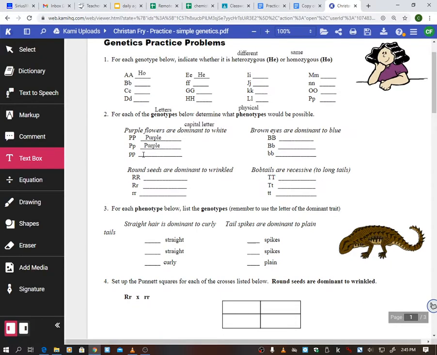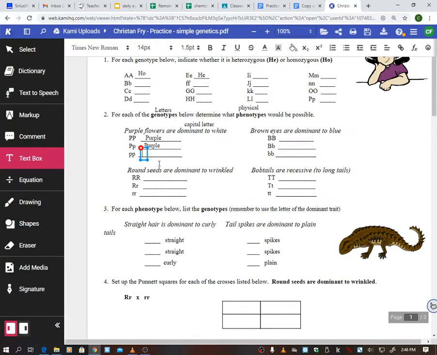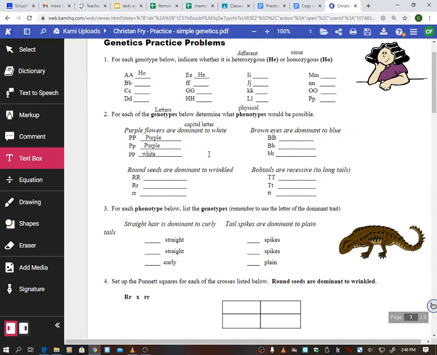And then of course this last one, I have two lowercase p's, and the purple flower is dominant, which means the white is recessive. So if I have two lowercase, then it's got to be white. Now I will have you guys do the brown eyes to blue, the round, and then the bobtails and longtails.